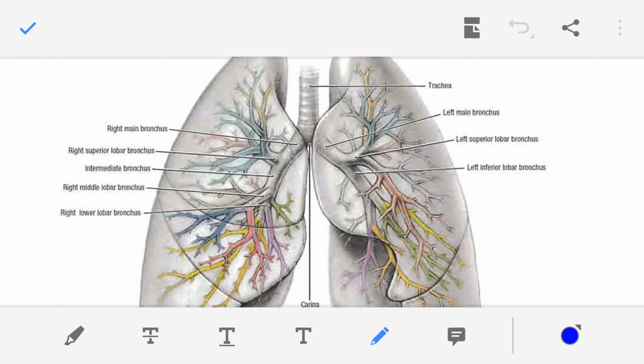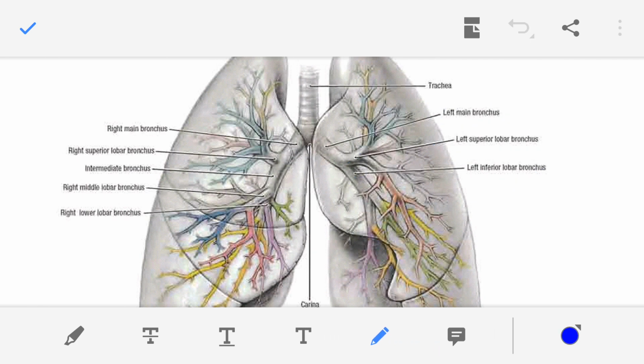So this main bronchus is bifurcating into 2 branches. One branch is known as the left superior lobar bronchus, and this one is the left inferior lobar bronchus.